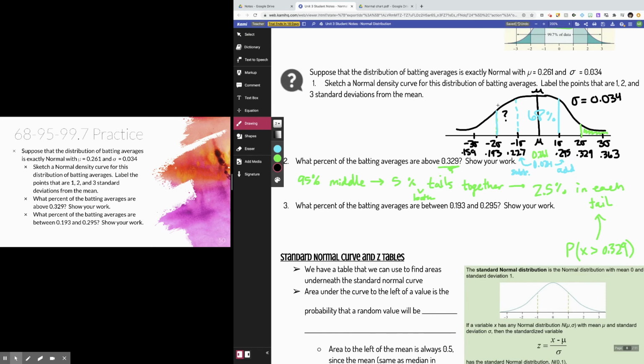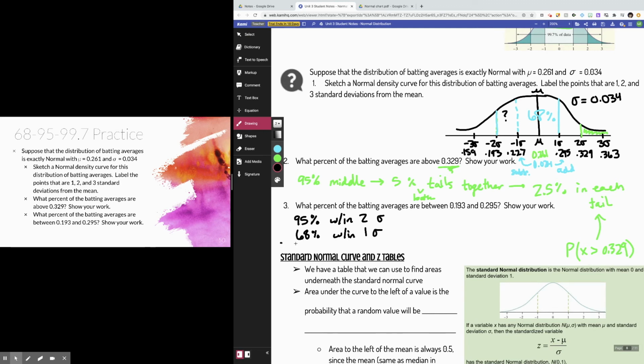Well, I know that there's 95% of the data within 2 standard deviations, and there's 68% within 1 standard deviation.